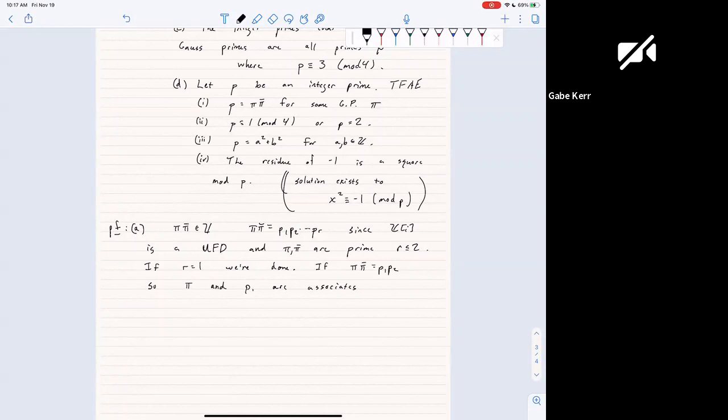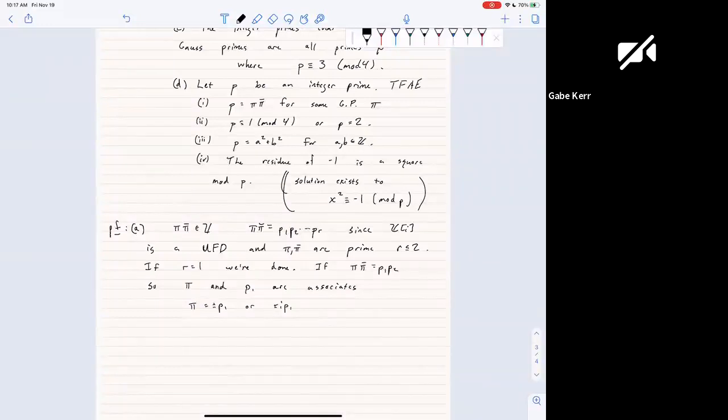What does that mean? That means that P1 is a unit times pi. And what are the units of the Gaussian integers? Yep, either plus or minus 1 or plus or minus i. But in either of those cases, we see that pi and pi bar are also associates.